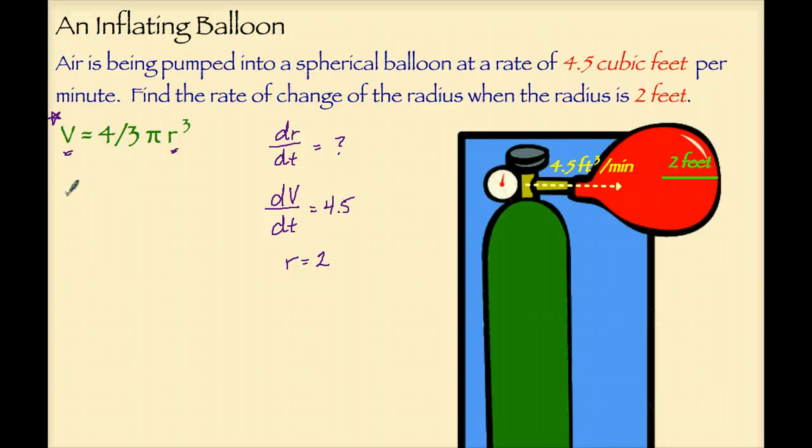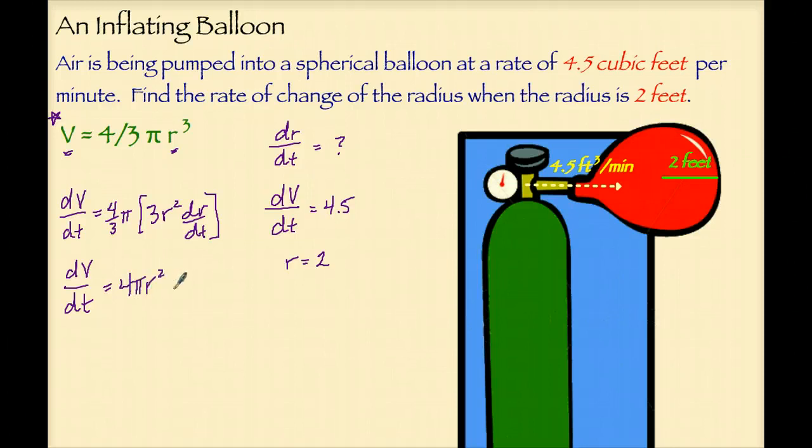Let's take this derivative. The derivative of V is 1 dV/dt, and then we'll have 4/3 pi times the derivative of r cubed, which is 3r squared dr/dt. To simplify this a little bit, 3 times 4/3 gives us 4 pi r squared dr/dt.